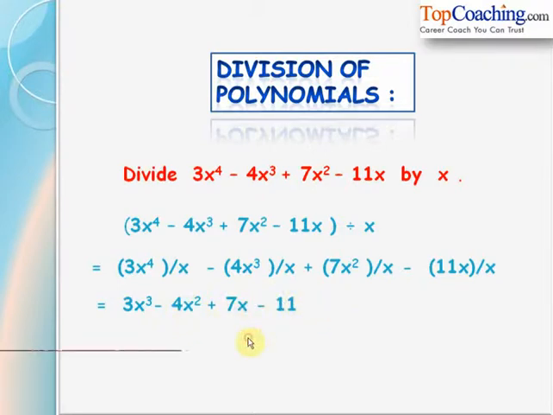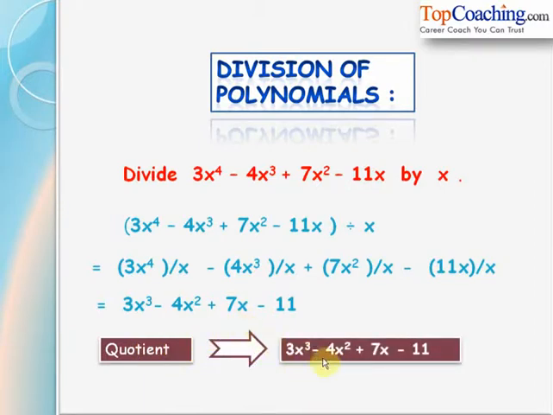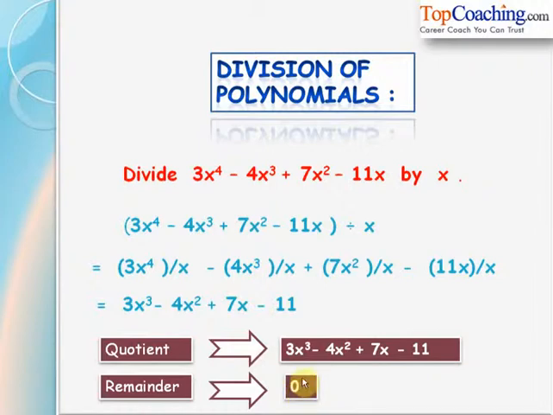So the quotient here is 3x cube minus 4x square plus 7x minus 11, and the remainder is equal to 0. So the quotient is this polynomial and the remainder is equal to 0.